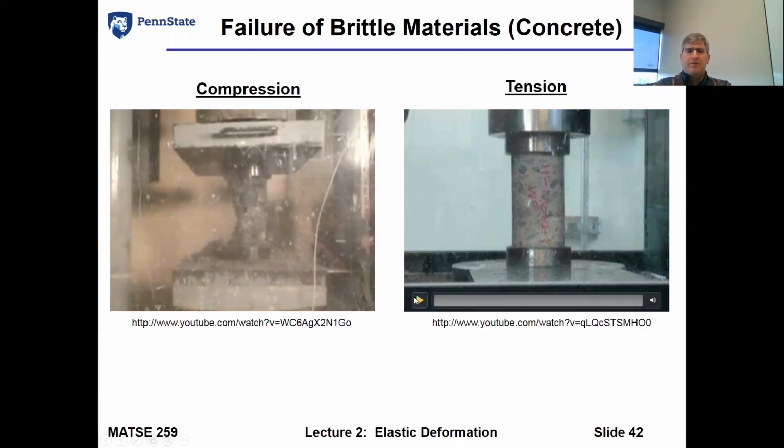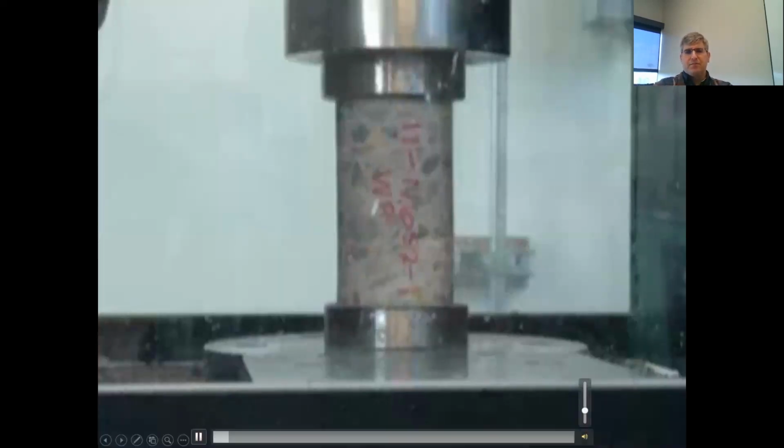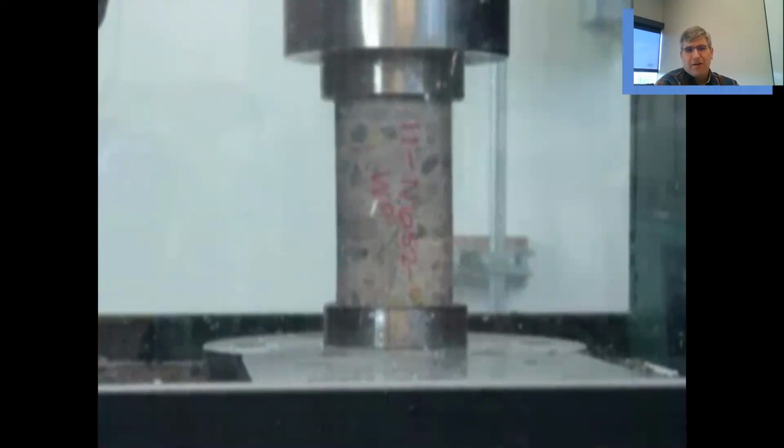Let's look at what happens when we put the concrete in tension. We saw some parts blow out there, some of the other components, because concrete is just a collection, for the most part, of cement and sand and some rock. But do you see any movement, any change in strain? They're literally trying to pull that.